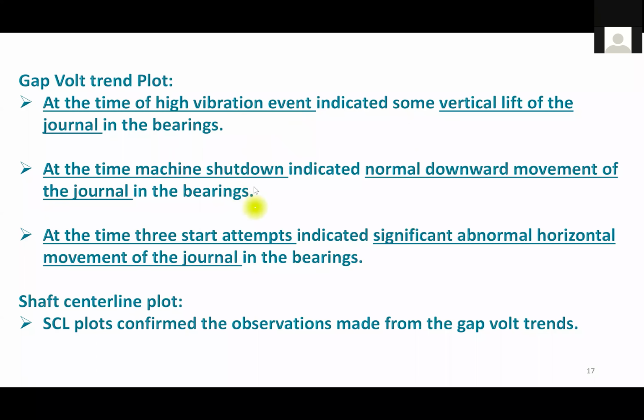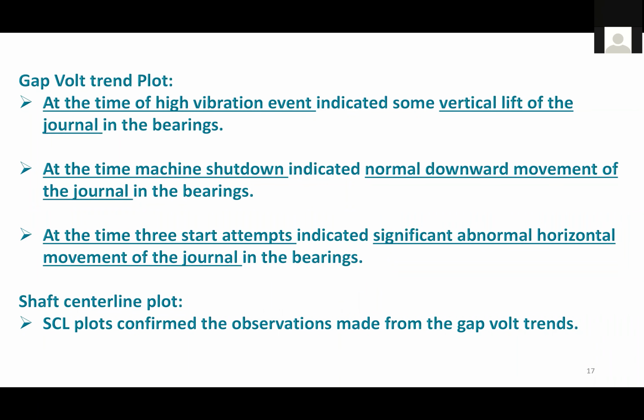And then at the time of the machine shutdown, it indicated the normal shutdown movement within the bearings. So there is a small vertical movement when the vibrations were rising in the motor, and then after it tripped, it has a normal course down. So there were no abnormality indications here. At the time of the 3 start attempts, it indicated significant abnormal horizontal movement of the journal in the bearings.